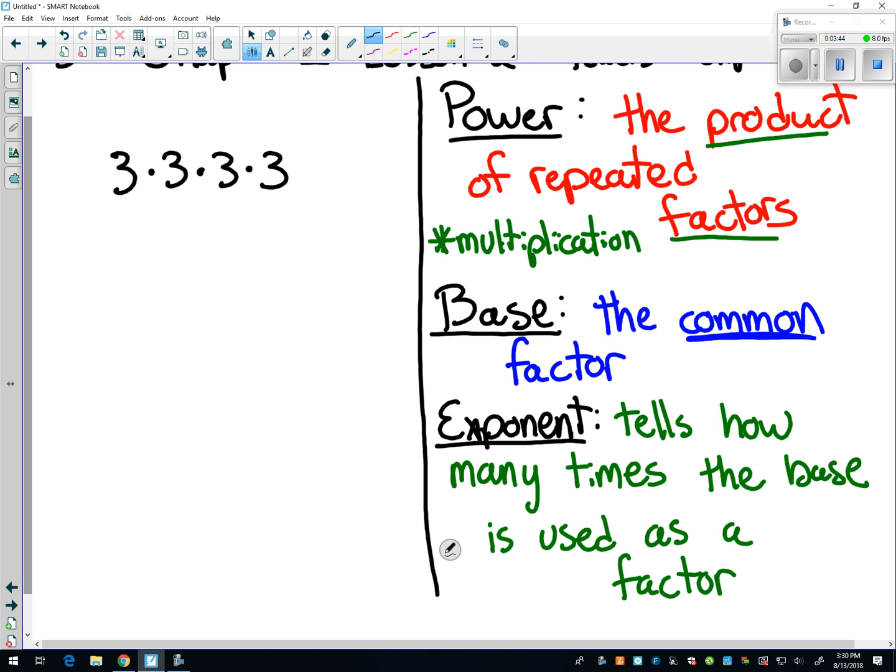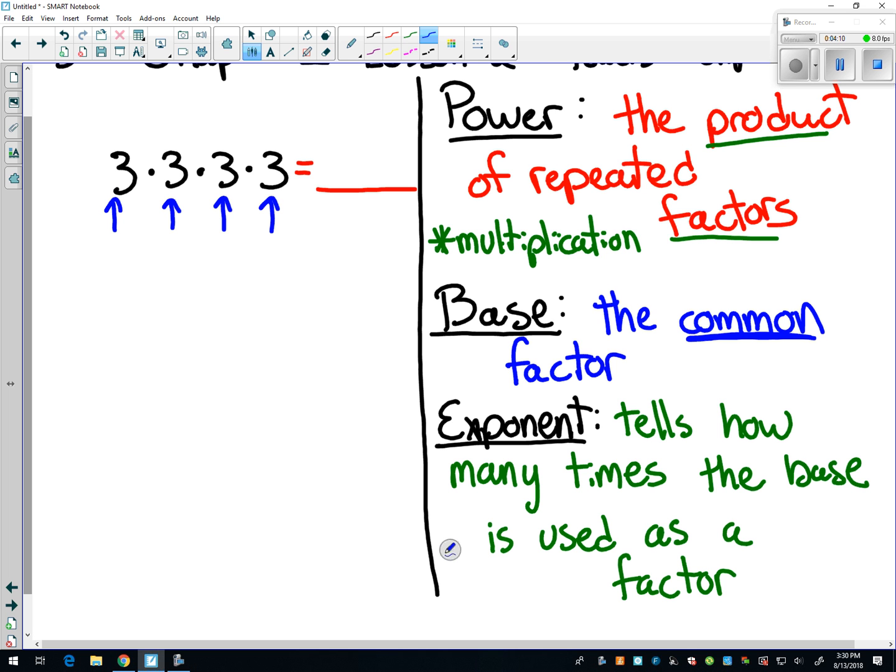I see that I have a product, multiplication of repeated factors, so I'm going to rewrite that in what we call a power. What I'm going to look at is what is the common base. That common factor is the 3's.